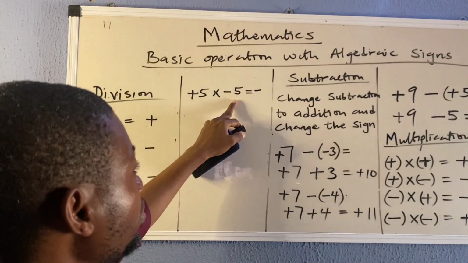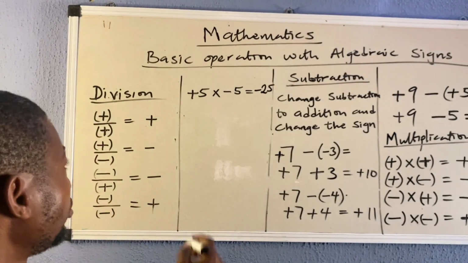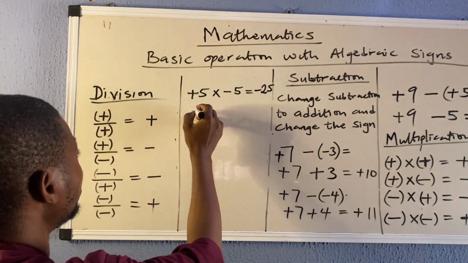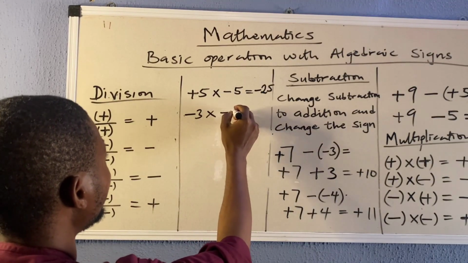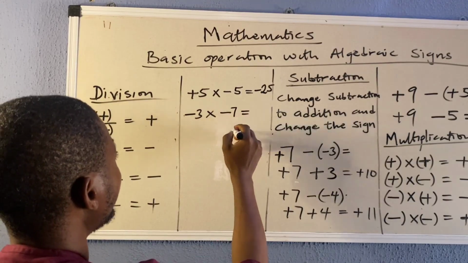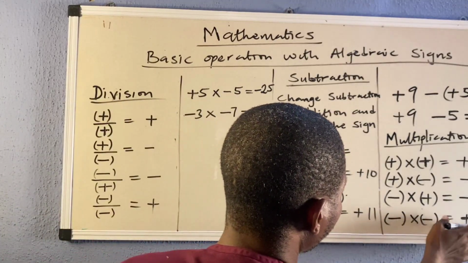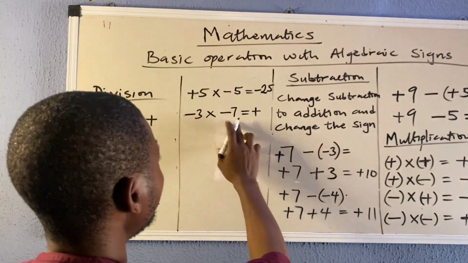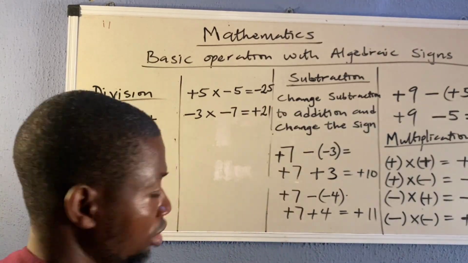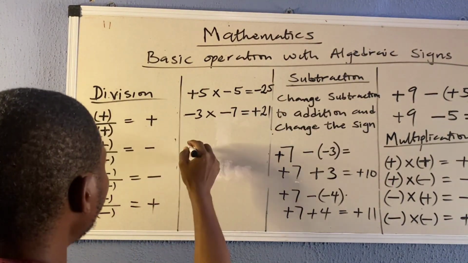Then 5 times 5 give us what? 25. Very simple. So when you have minus 3 multiplied by minus 7, minus times minus give us plus. So we write the plus sign. Then 3 times 7 give us 21. Very easy.